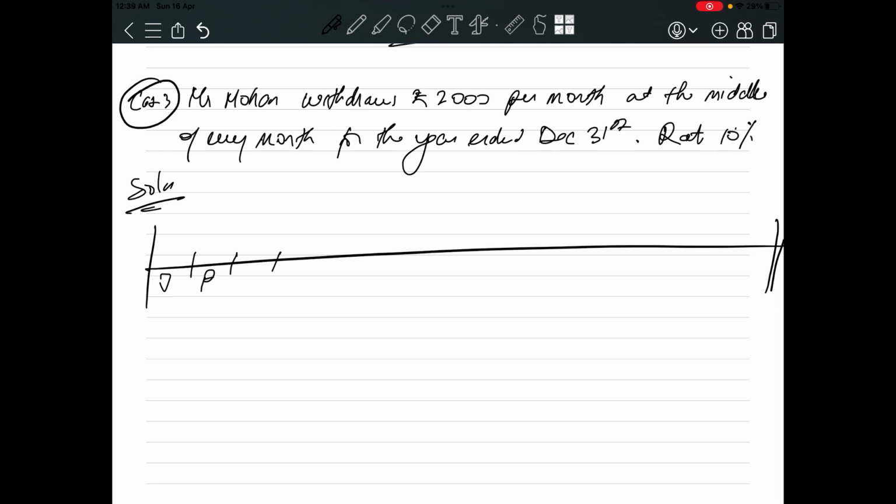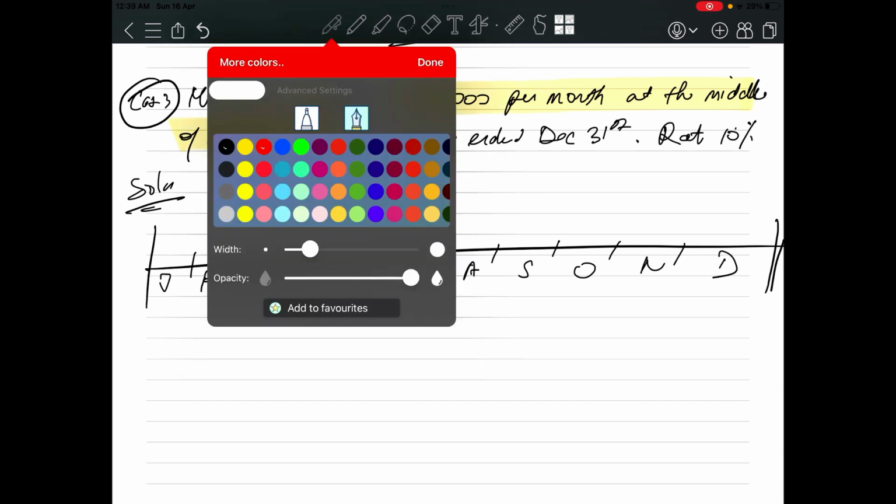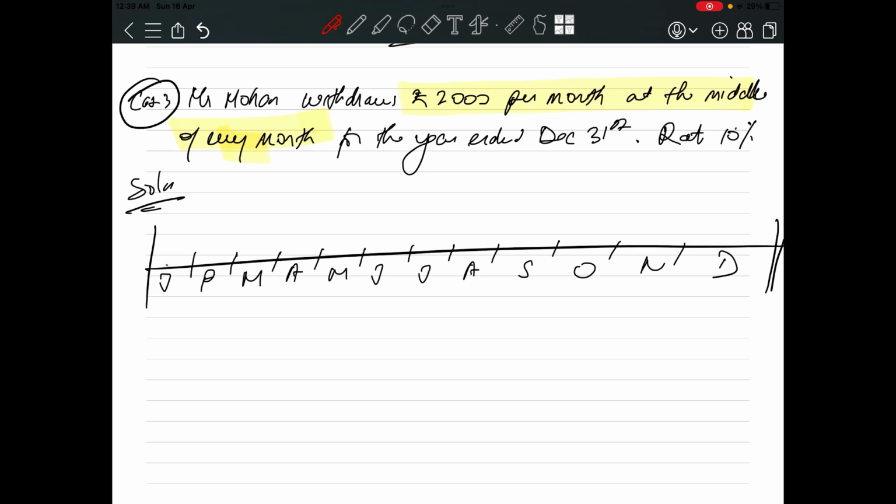Jan, Feb, March, April, May, June, July, August, September, October, November and December. So when is Mr. Mohan withdrawing 2,000 rupees? He is withdrawing 2,000 rupees per month at the middle of every month. So basically he is withdrawing on the 15th of Jan.